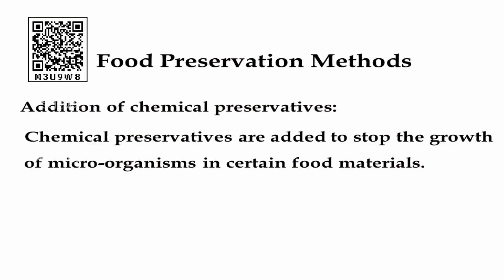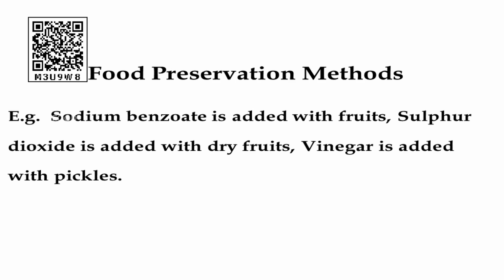Now, addition of chemical preservatives. Some chemical preservatives are added to stop the growth of microorganisms in certain food materials. You all know, children, sodium benzoate is added with fruits in order to control the growth of microorganisms.